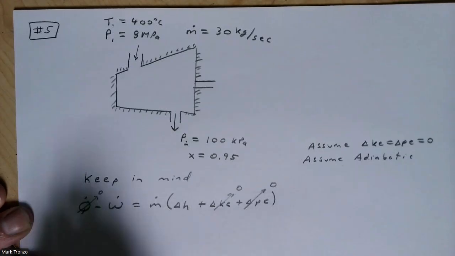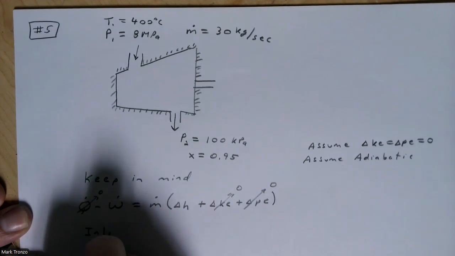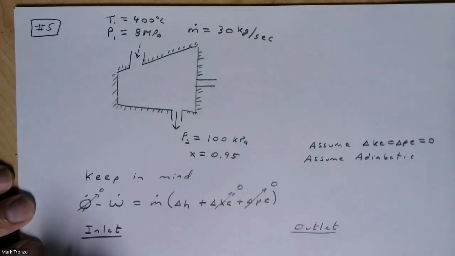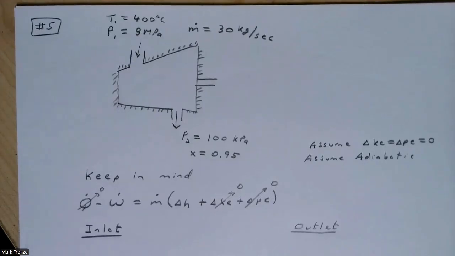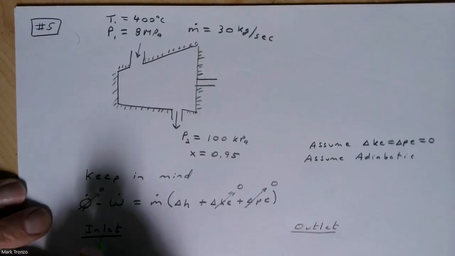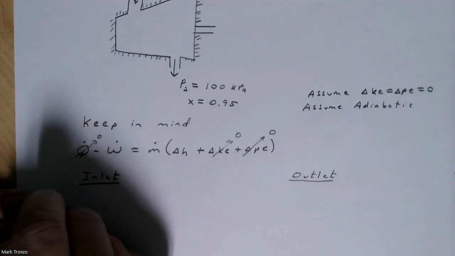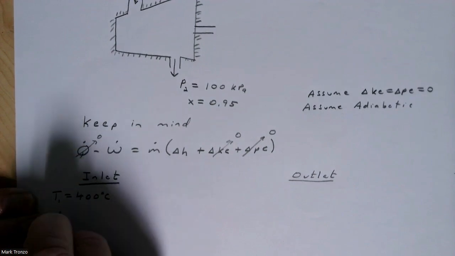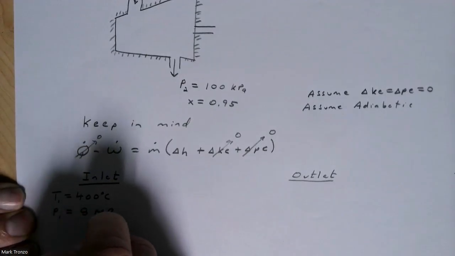So we just have to look at the inlet conditions and the outlet conditions. The inlet conditions are 400 degrees C and 8 MPa. So let's put those down here. The fact that they've given both of these means they're probably superheated, but we'll check the table in a minute just to be sure.